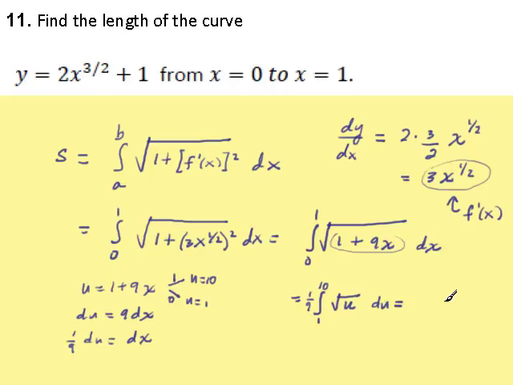So let's integrate u to the 1/2, do the power rule. So we have u to the 3/2 times 2/3, and we have this 1/9 over here, and we have our limits of integration, 1 to 10.